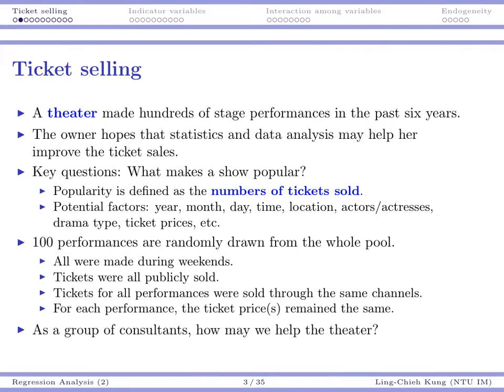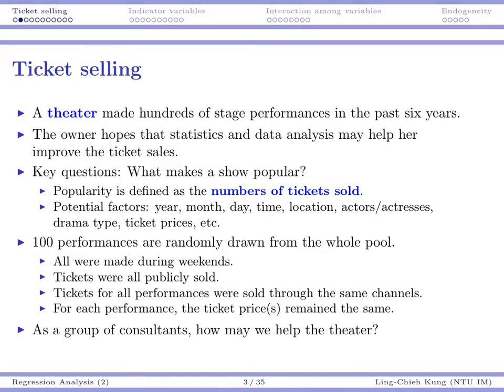Consider the following story. There's a theater that made hundreds of stage performances in the past 6 years, so we have those data. We know where and when we made the play, what kind of play it is, and what the sales are. The owner hopes that statistics and data analysis may help her improve the ticket sales.